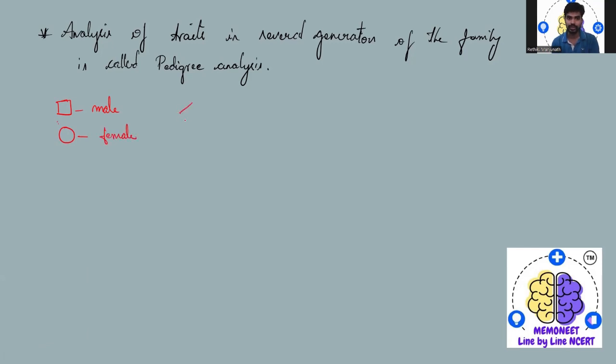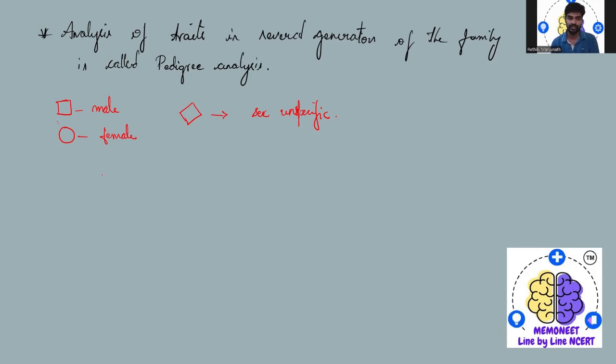What about this symbol then? It represents sex unspecified. When we are unable to identify whether the person is male or female, at that time we normally use this symbol.